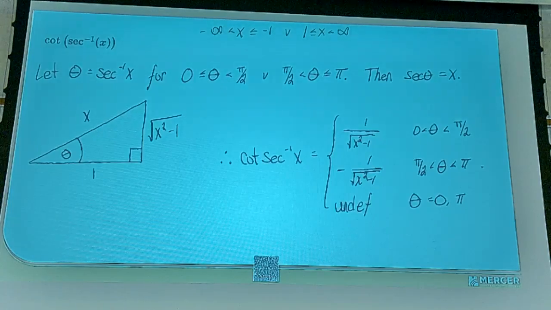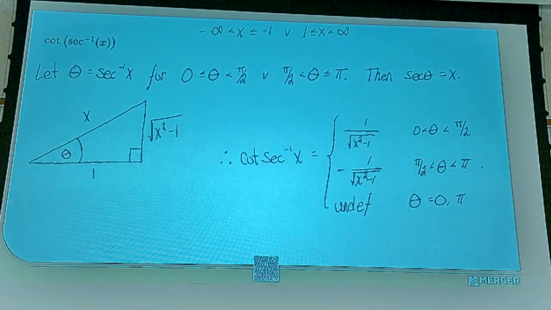I could have also done a purely algebraic argument, starting with 1 plus tangent squared equals secant squared. Solve for tangent squared, take the square root, solve for tangent, and then take the reciprocal of both sides. Right, but I would have then had the absolute value of cotangent equals something, and that's where you get the plus minus.